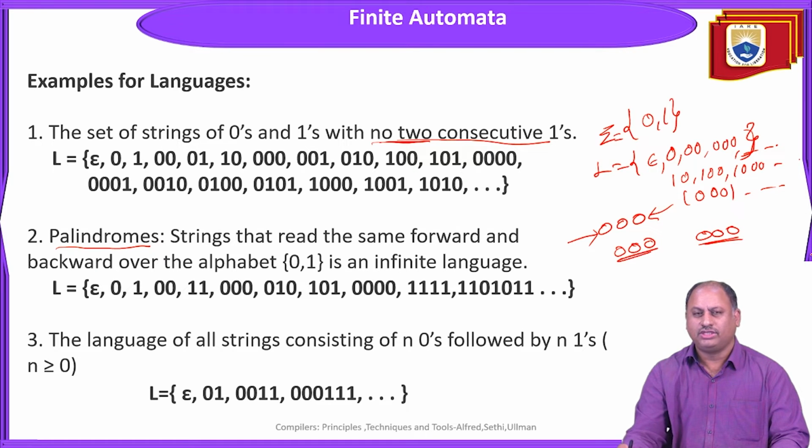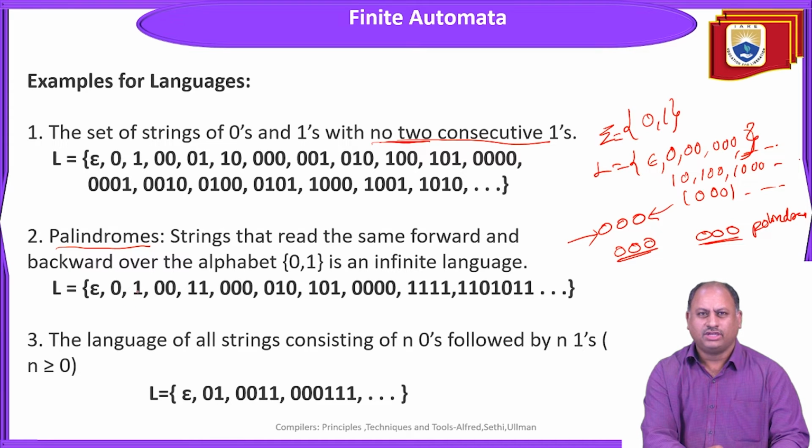Both strings are equivalent, so you can say it is a palindrome. That means reading the characters from the forward side gives the same string as reading the characters backward.